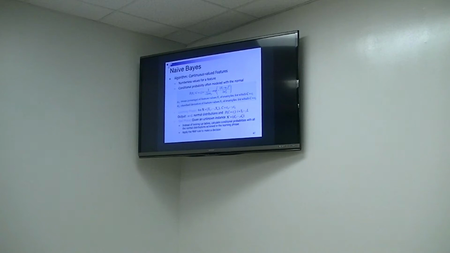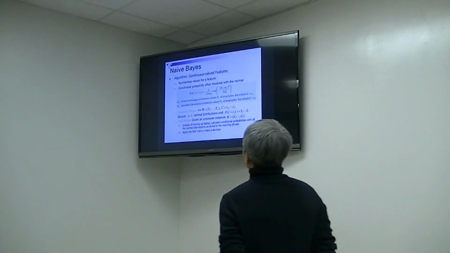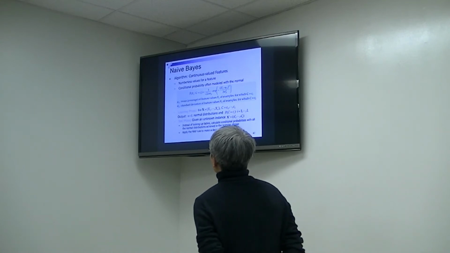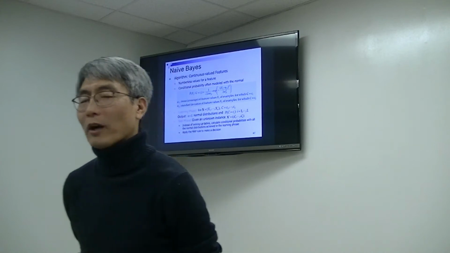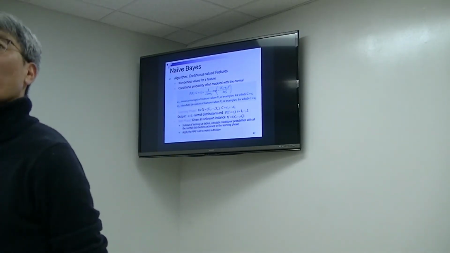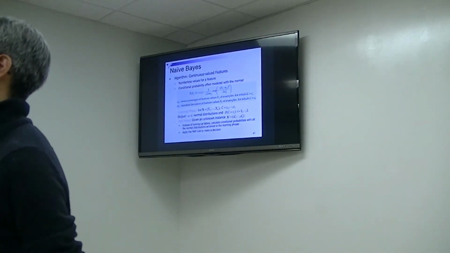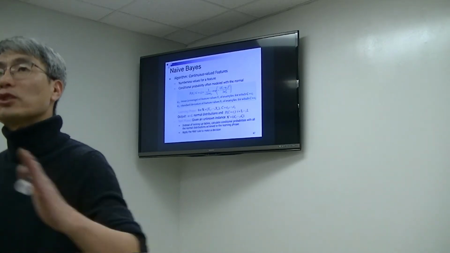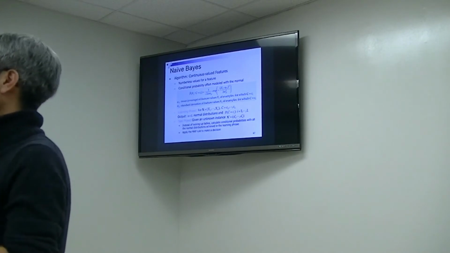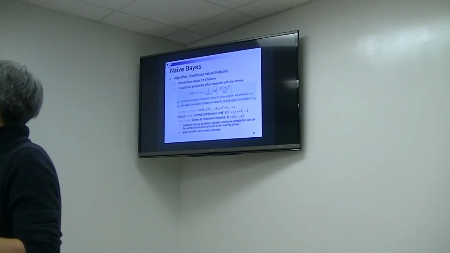What about the continuous case? For continuous, we assume each conditional probability model is a normal distribution. What is similar to the normal distribution? Gaussian. So Gaussian is the distribution parameterized by what? Mean and variance.